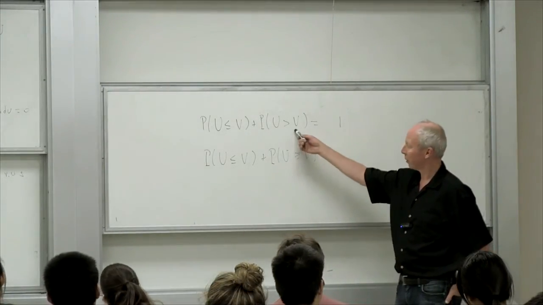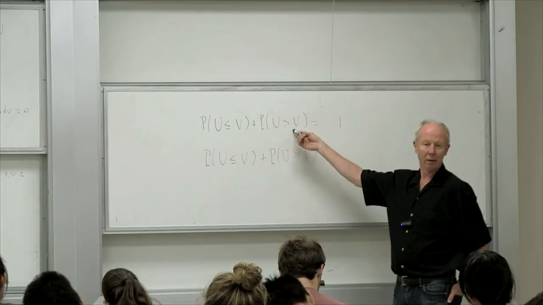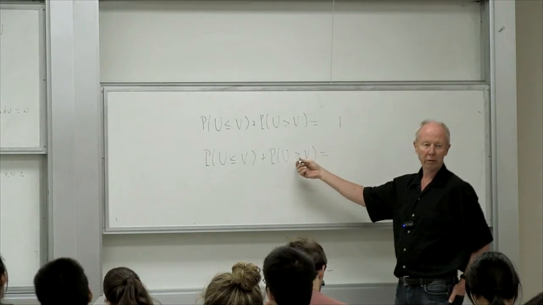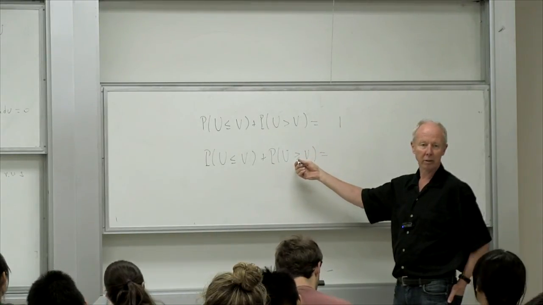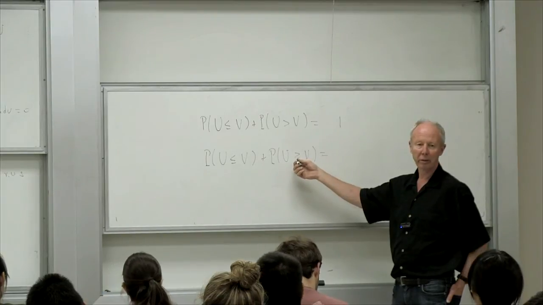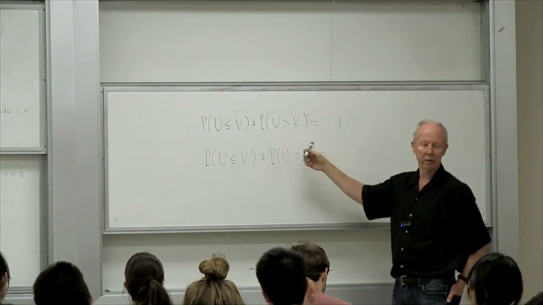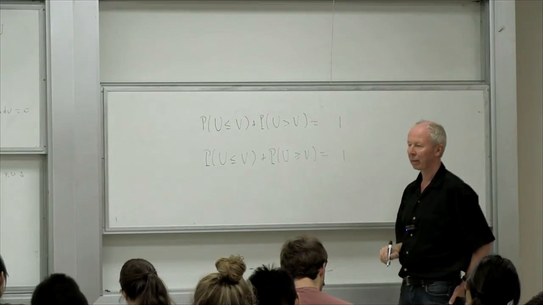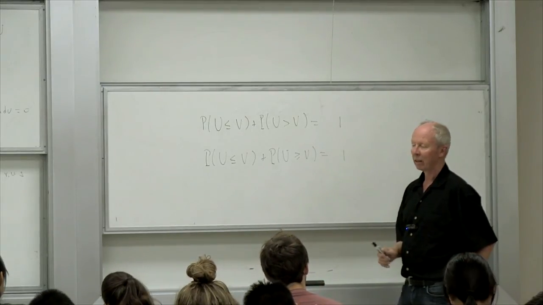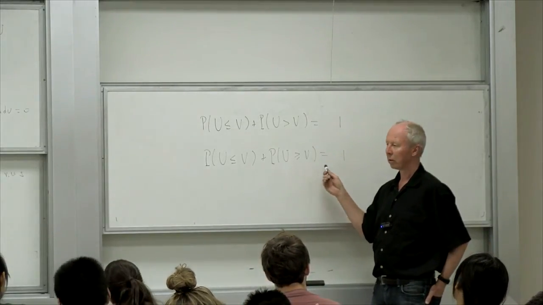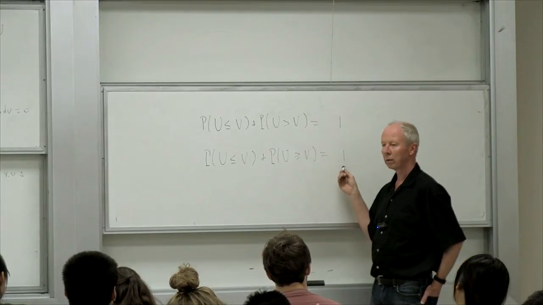Yeah, what's the difference between this one and this one? This one has U equal V. What's the probability U is equal to V? So I've added in here an event of probability 0. So these two probabilities are the same. So this is still 1. Okay. So these two numbers add up to 1.